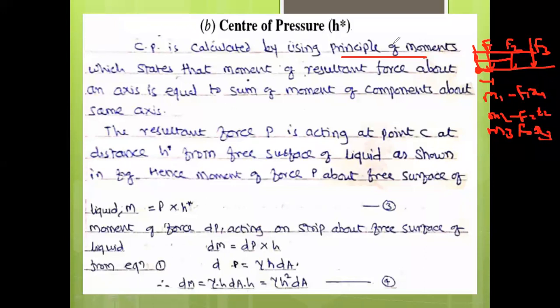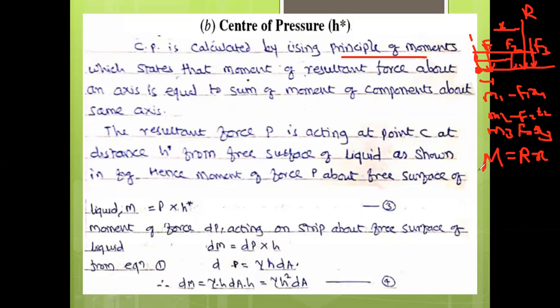So what does this principle of moments say? The resultant of these three forces will be somewhere here, and it is denoted by the letter R. The moment of this resultant is given by the distance x. The moment capital M of the resultant can be given as R into x.